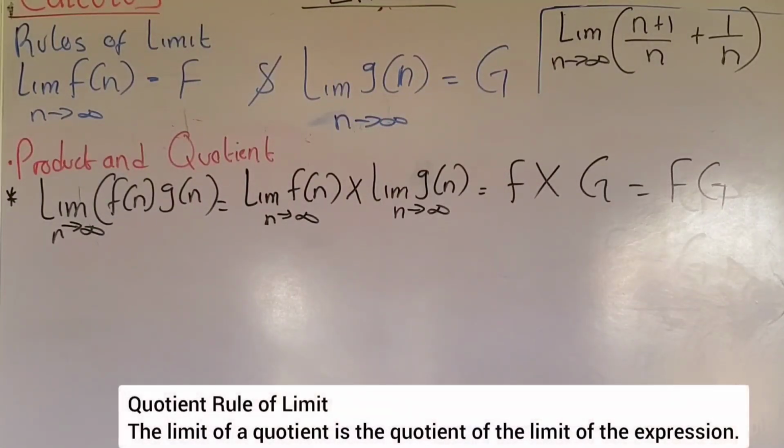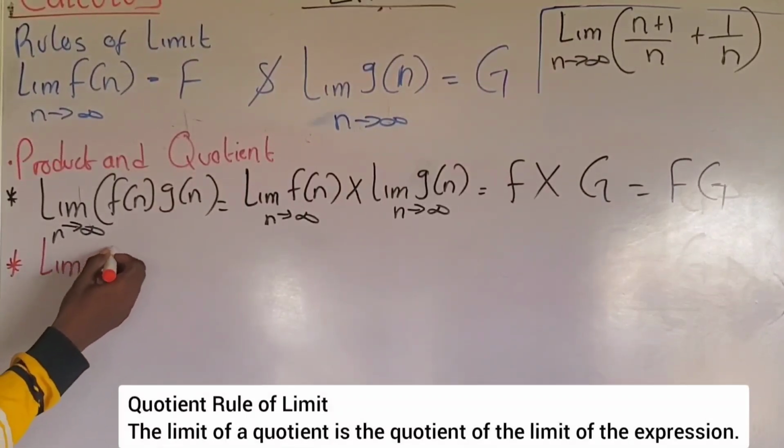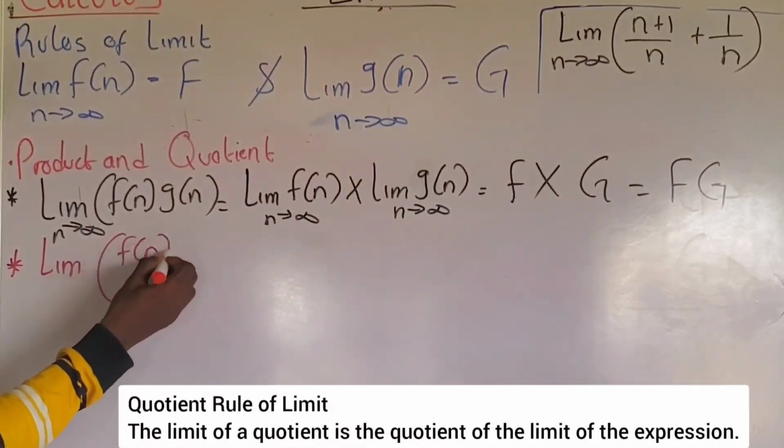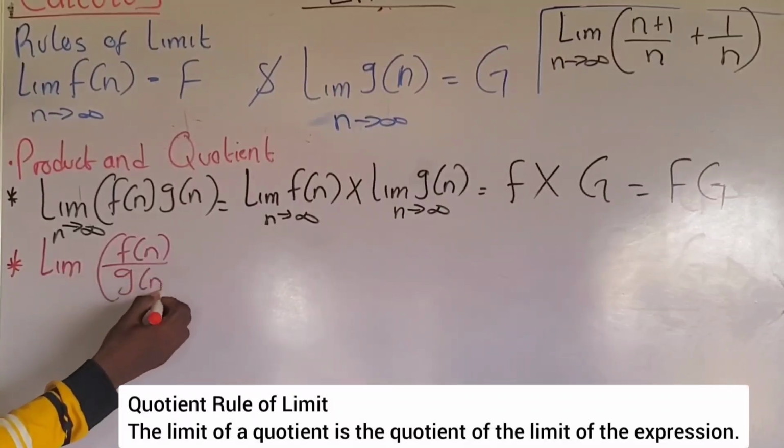Now, according to the quotient rule, please pay attention. According to the quotient rule of limits, the limit of a quotient is the quotient of the limits. It's simple. Now this one is for products. You understand? Now let's look at the quotient rule of limits. The limit of a quotient, f of n all over g of n.